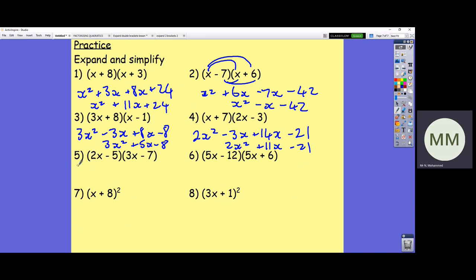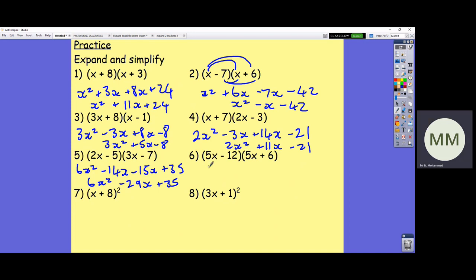I do 2x times 3x gives me 6x squared. Then I get minus 14x minus 15x and plus 35 for the end bit. And then I simplify that, 6x squared minus 29x plus 35.